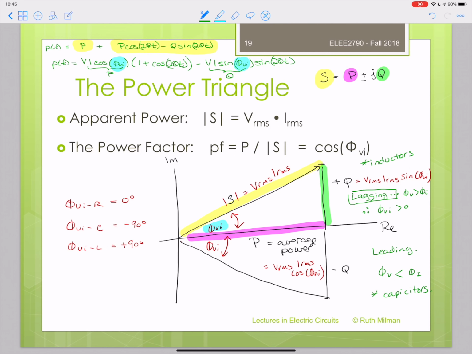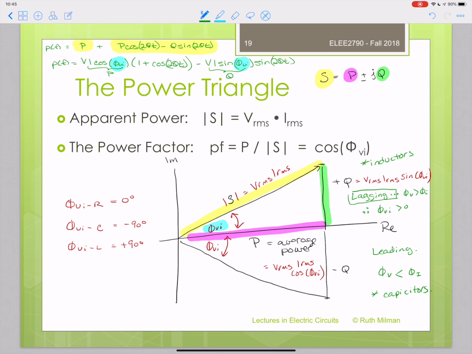Now, why is this important at all? Let's talk about that complex number. The complex number, if we look at its magnitude, that gives us the apparent power. That's simply the RMS value of voltage times current. And when you look at what you actually have in a system, you have that apparent power times this cosine of the phase shift between them.